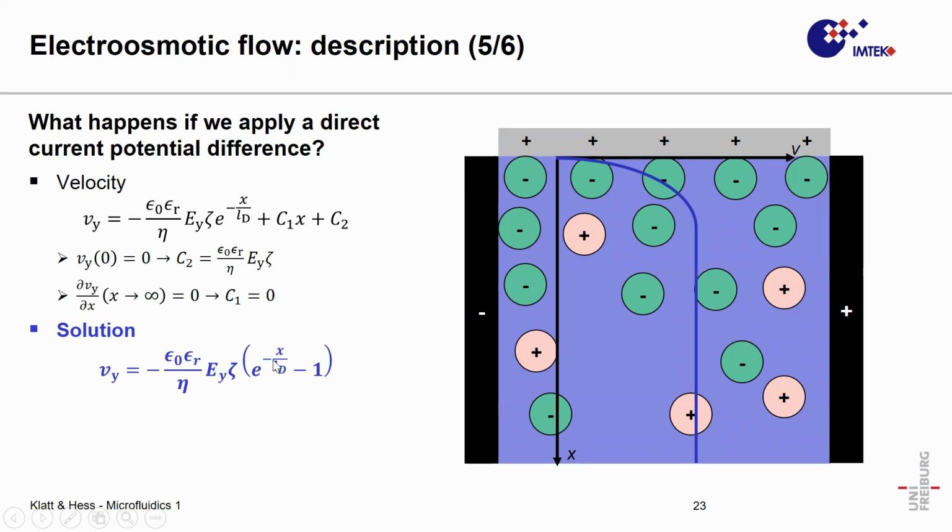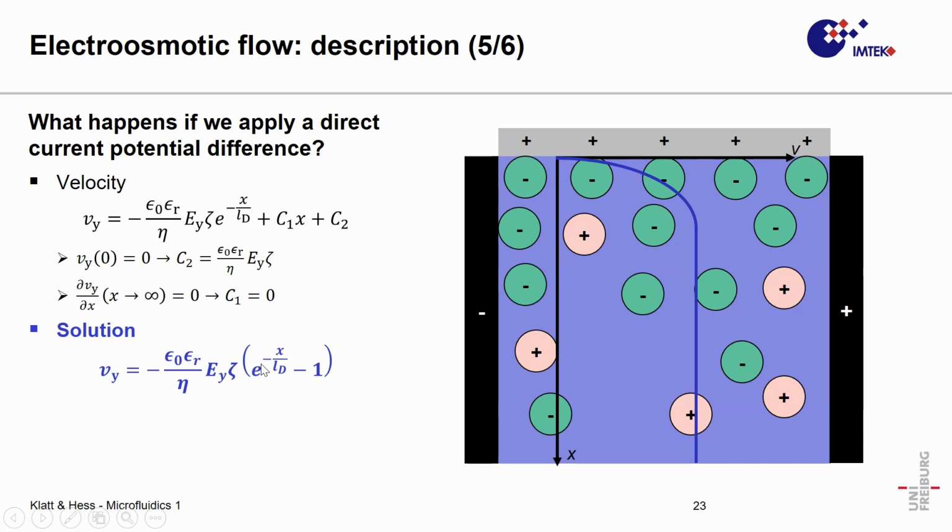So once again, if you are close to the wall, so if x is close to 0, there will be 1 minus 1, which equals 0. So the velocity gets lower and lower the closer you are to the wall.